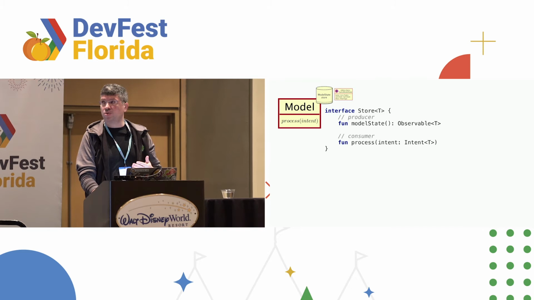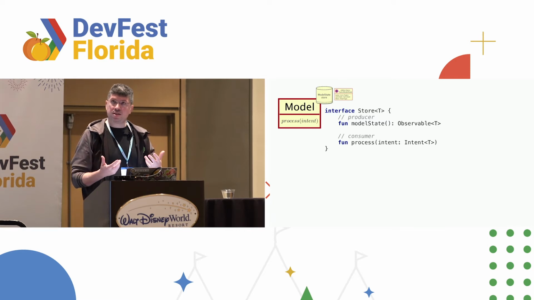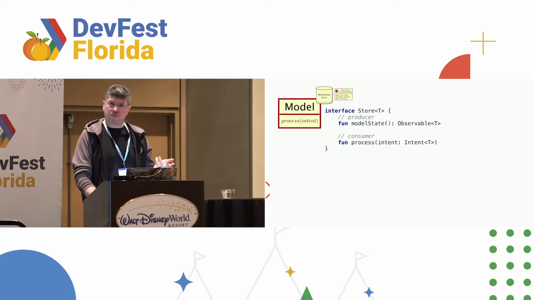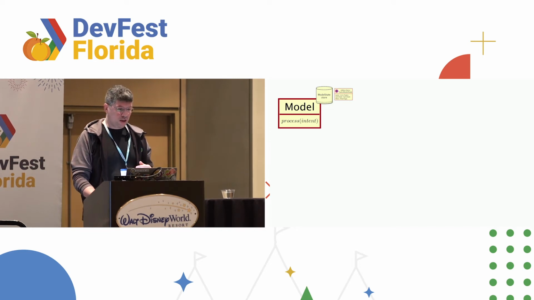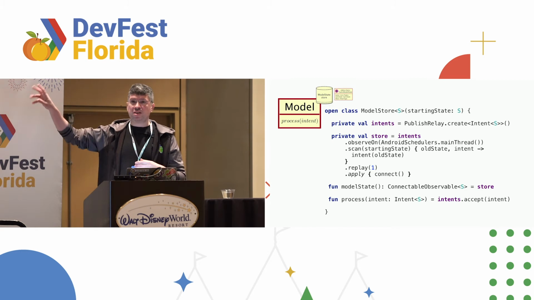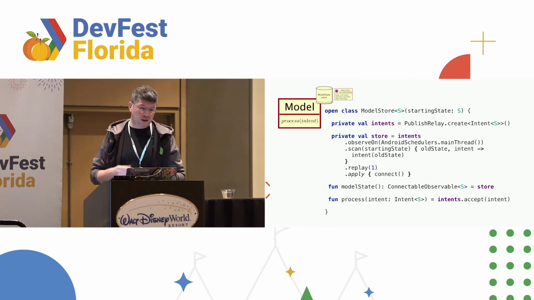It's something that you also will see used in React. Flux, I believe, is the name of the library that is a model store in React. So it basically plays the same role. If you're aware of the Flux library, I believe, if I understand properly, it's implemented in something like 50 lines of code. And this is effectively the same thing with RxJava and Kotlin.